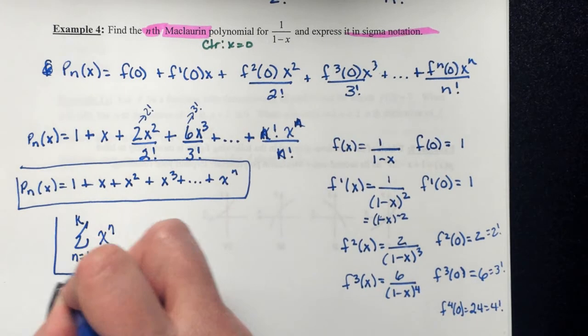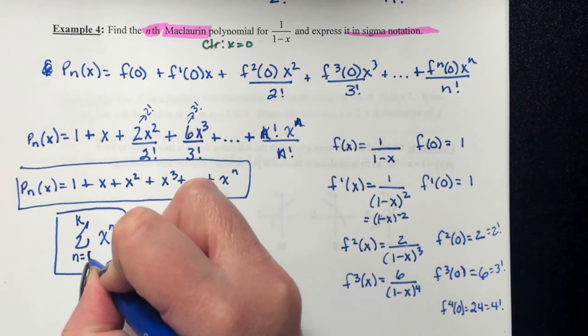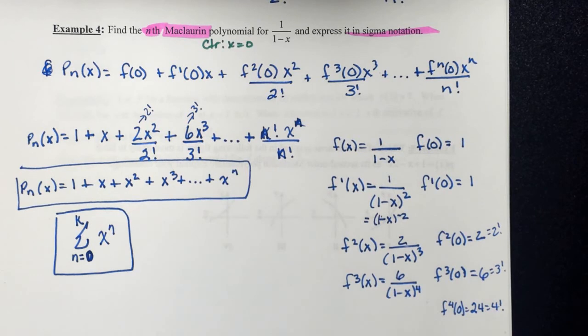So there it is in sigma notation. So in writing your Taylor or Maclaurin polynomial in sigma notation, you just take that nth term or general term. This is the formula that would generate it, and this should be a 0. I don't know why I wrote a 1 here. You're starting with the 0 term. Most of them will start with the 0 term. Occasionally you'll see where you'll have to start with the first term. All right, so any questions on that one?